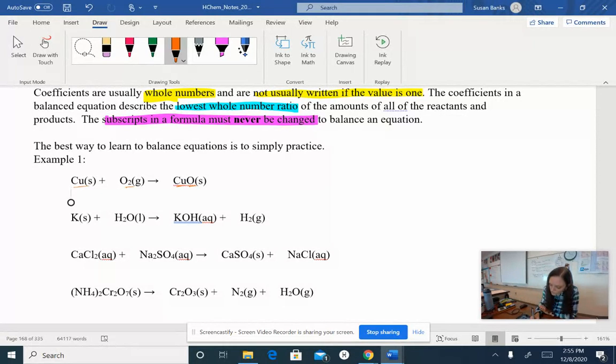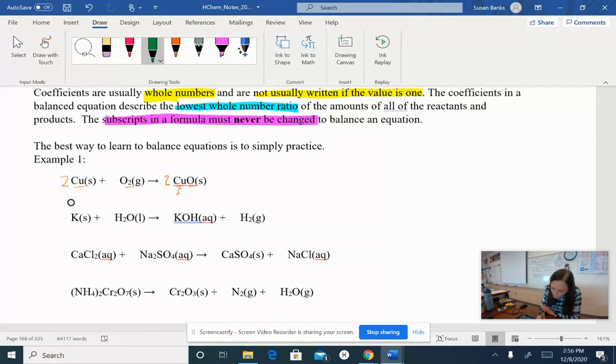Did you say 2? So when I multiply it by 2, I have to multiply the whole molecule. I can't put in subscripts. I can only put in, you guessed it, coefficients. Okay, I can only put in coefficients. So doesn't that mean then that I have 2 coppers right here? It does. So that means I have to go back and I need to multiply my coppers on my reactant side by 2.